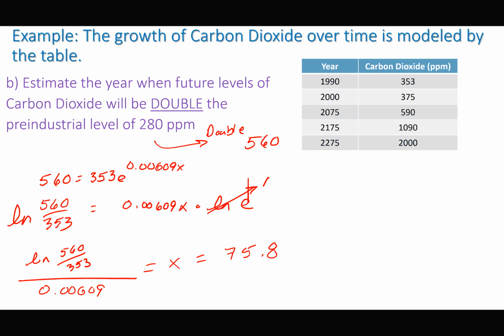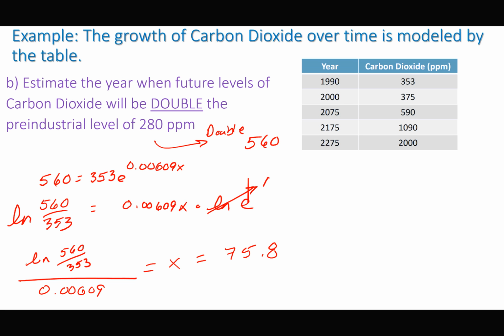So we're trying to find a year. So what year? 75, what does that mean? And it's important, this is years, so 75.8 years. We're only going to be working in whole years, so we're going to treat this as 75 years. We're not to the 76th year yet.